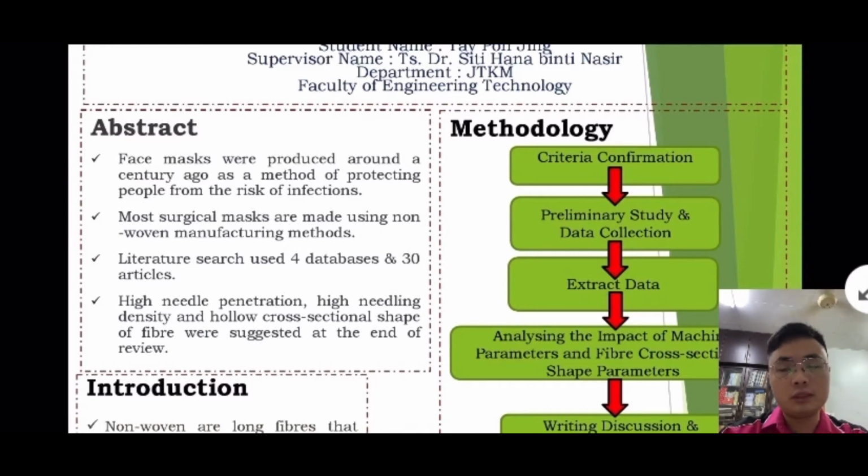At the end of this review study, the machine parameters and fiber parameters such as high needle penetration, high needling density, and hollow cross-sectional shape of fiber are suggested for non-woven fabrics used for face mask production, because they provide better physical properties and optimum filtration efficiency such as high fabric density, small pore size, lower porosity, higher air permeability, and excellent water resistance.